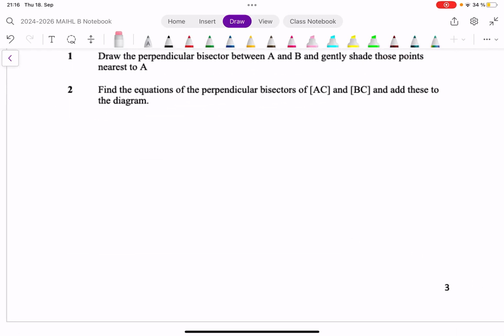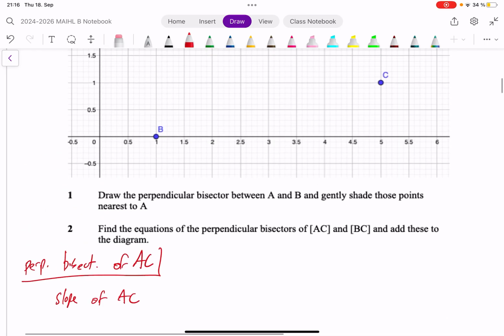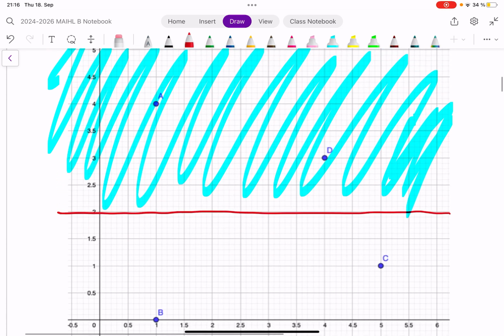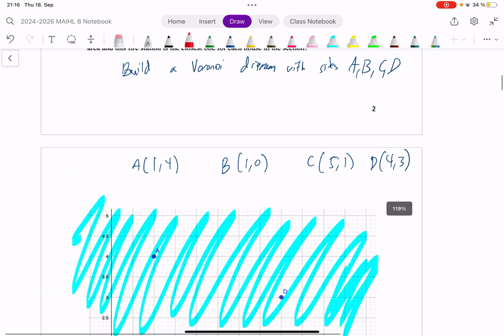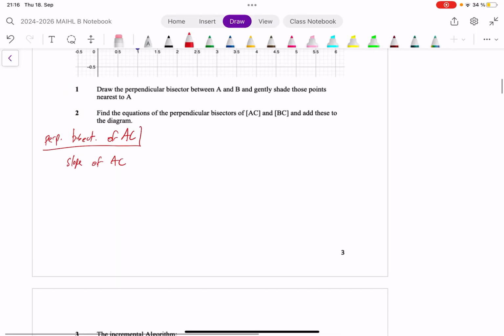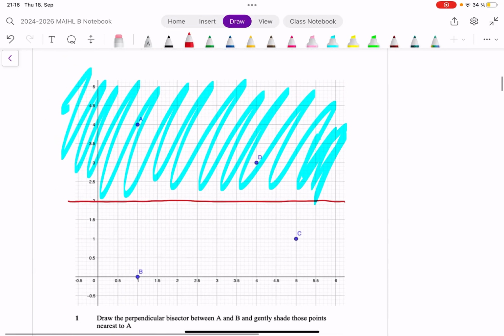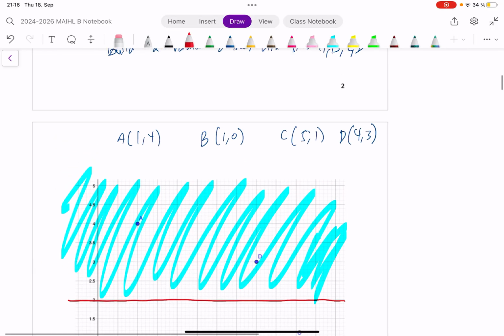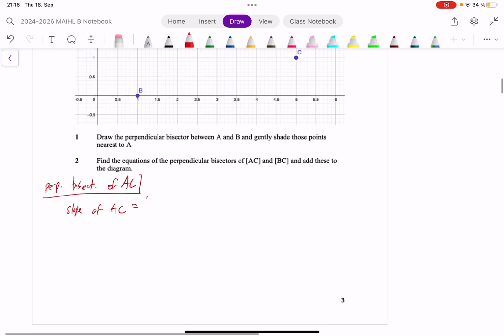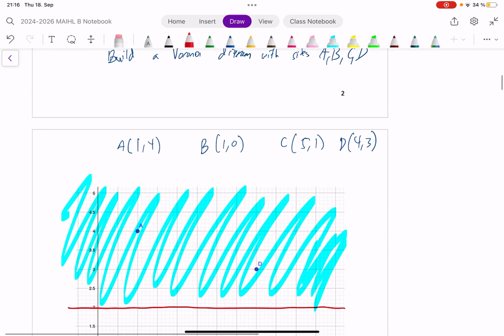So if I want to find the perpendicular bisector of AC, we'll start with that one. I first need to find the slope of AC itself. So A to C, A is 1, 4, C is 5, 1. So the slope of AC is 1 minus 4 over 5 minus 1.